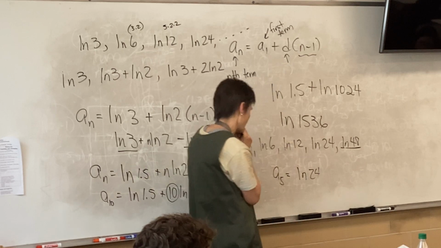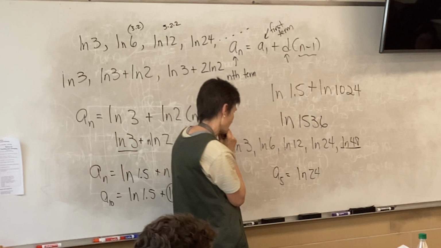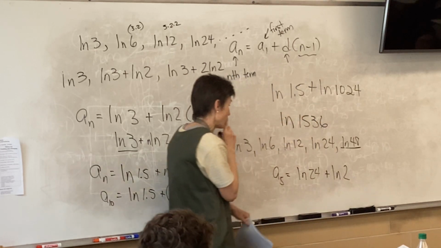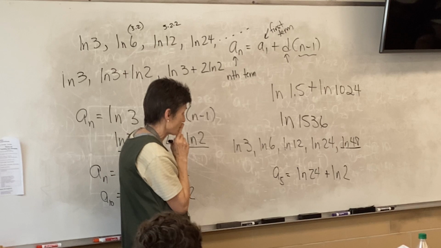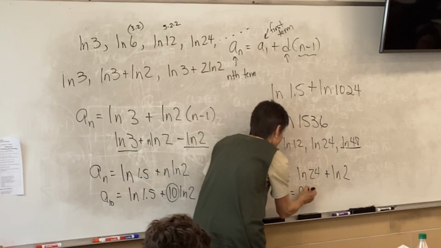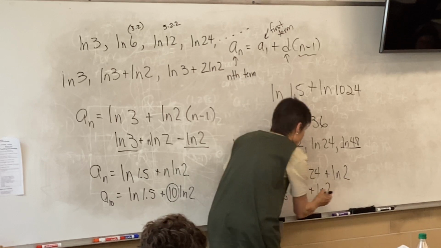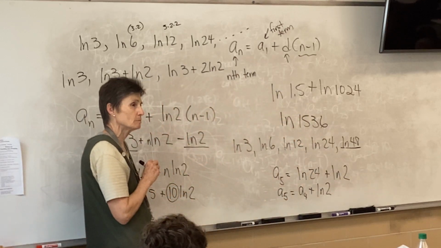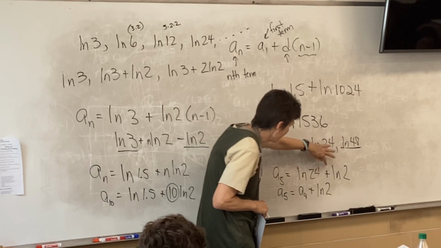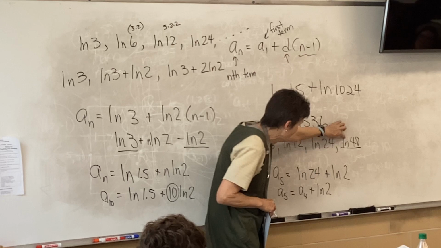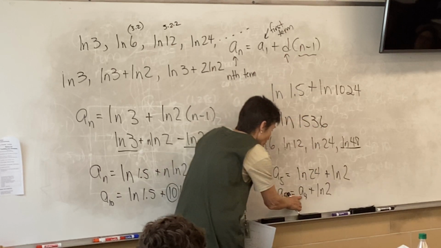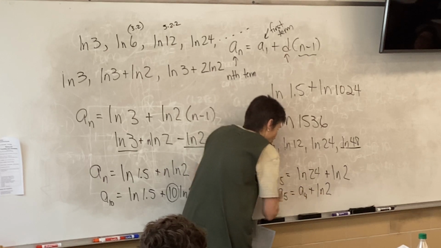Why couldn't you just do plus natural log of 2? Well, absolutely you can do that. That's a good idea, Maren. So a sub 5 is a sub 4 plus another ln2. This was our 4th term, and when we added that, we ended up with what she got. So we took our 4th term and added an extra ln2.